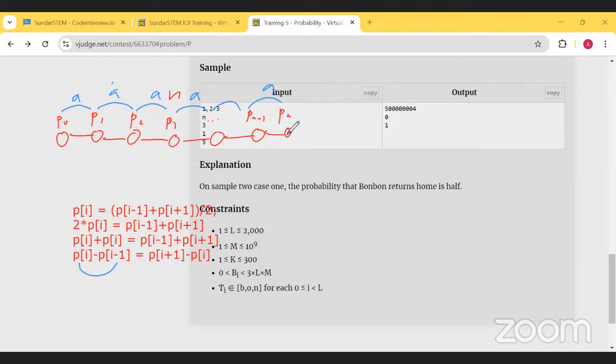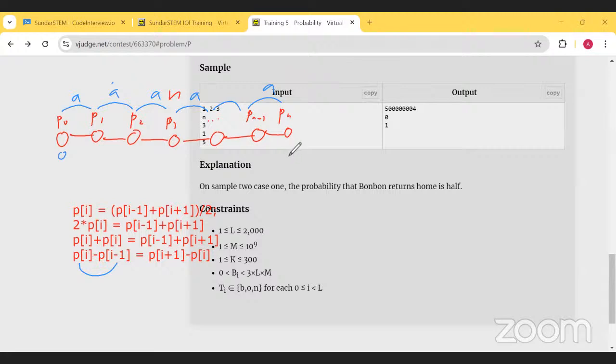And what is the probability of the first node? It will be 0. Yes, that's correct, because we already lost before we move to any other node.